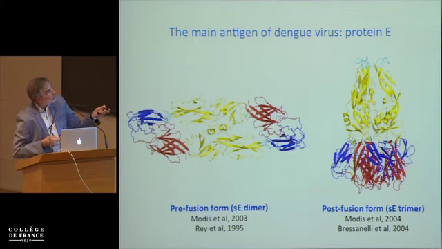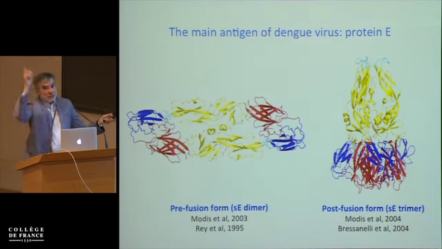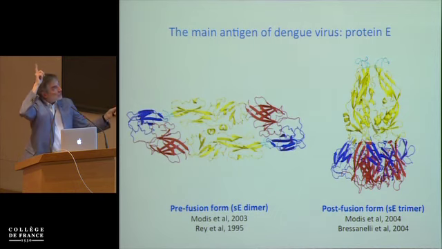Acidic pH leads to dissociation of this dimer and reassociation into a trimer. Here we're missing the C-terminal part, but the transmembrane region will be there. This makes a conformational change, exposing the fusion loop at the surface of the virus, where it will interact with the membrane.